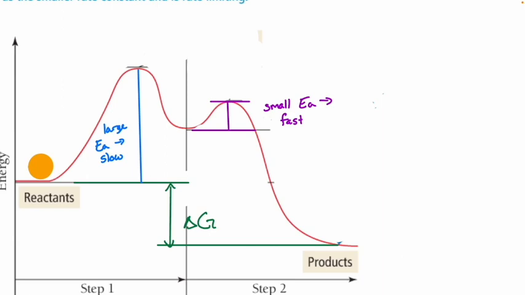Okay, this little dip in the middle, let me get a color. We call this the intermediates of our reaction.